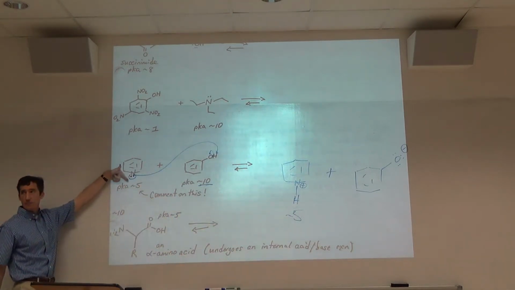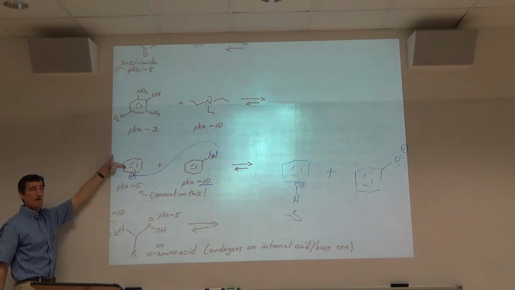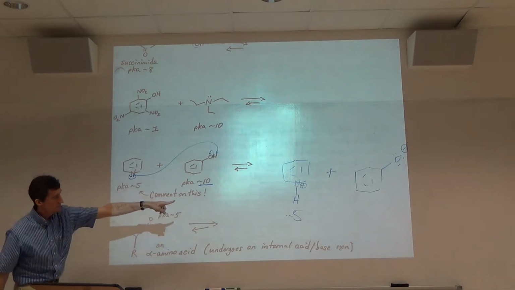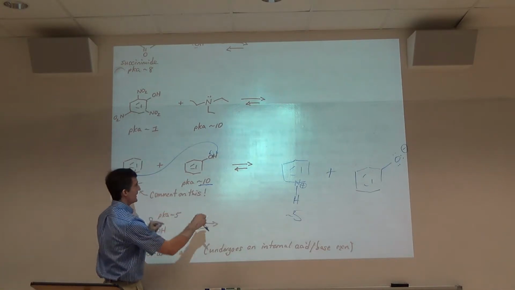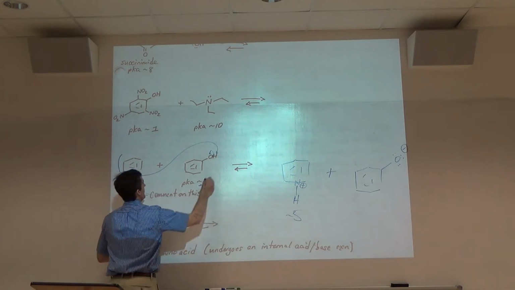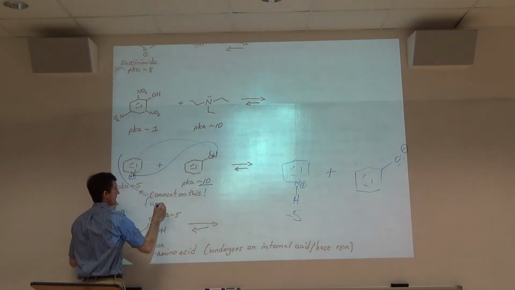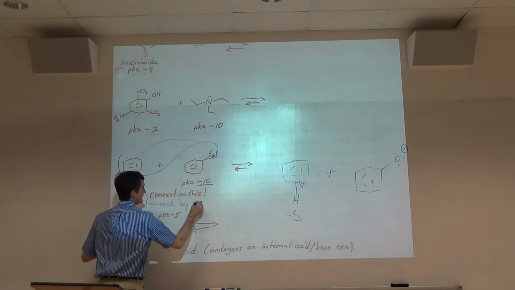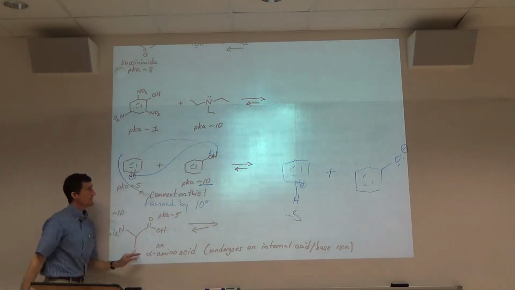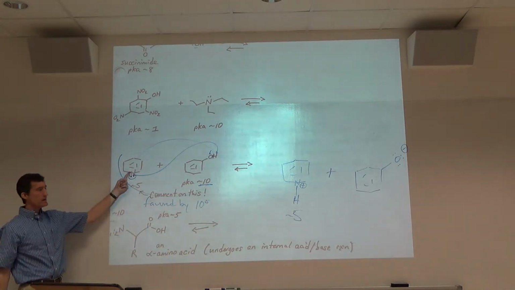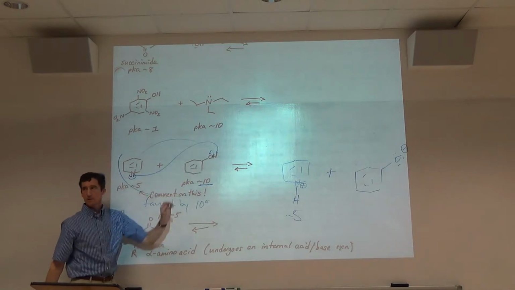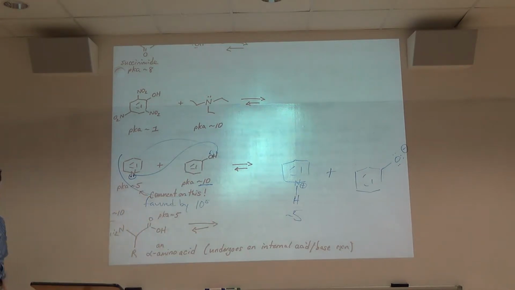Because that's what that means. If we give a pK of a base, pKa refers to the conjugate acid. Which side's favored, 10 or 5? 10. This is favored. By how much? 10 to the 5. Question: is pyridine strong enough to deprotonate that molecule?